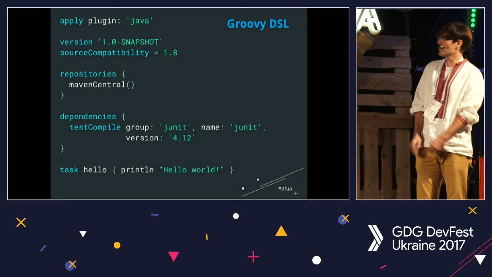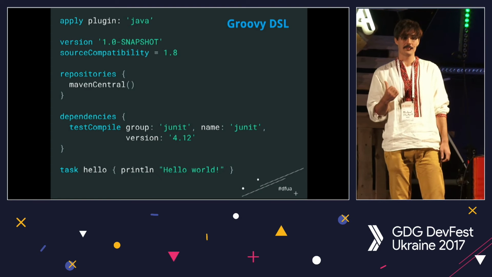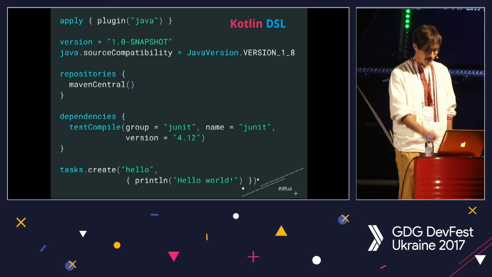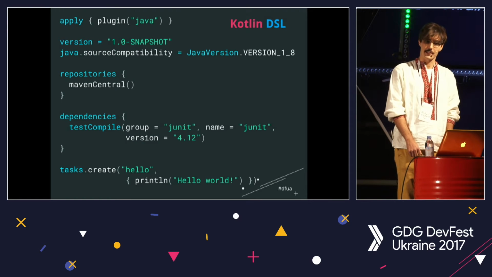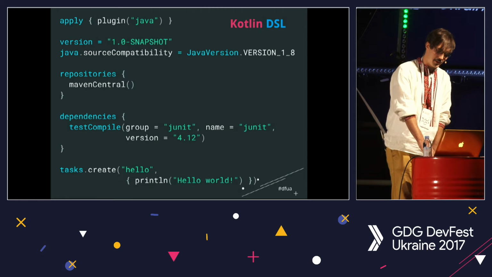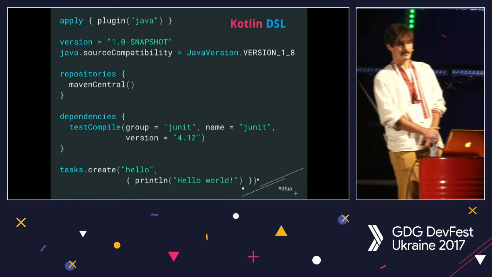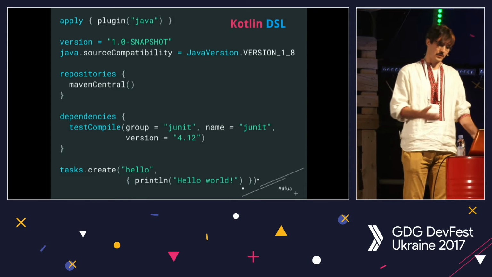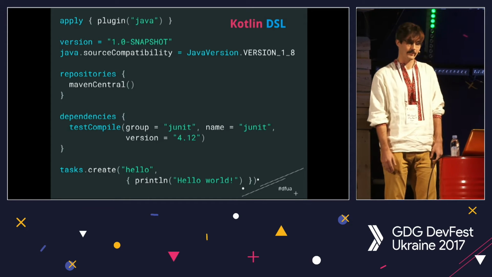I remind you how our build script looks in Groovy DSL, and now how it looks in Kotlin DSL. As you can see, the difference is not dramatic, and it also looks quite nice and clean.